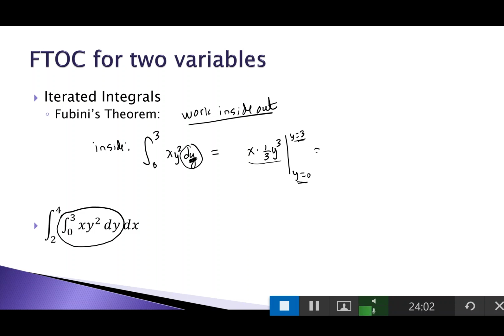So when I plug in, I'm going to have 1/3 x times 3 cubed minus 1/3 x times 0 cubed, which comes out to be 9x minus 0. And notice now I don't have any y's left in the integral. I only have x's. I've integrated out the y.